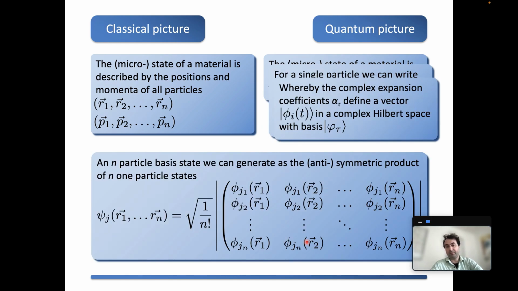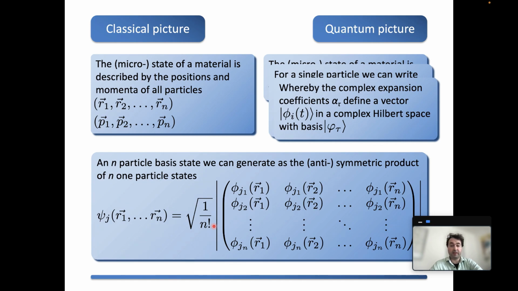Now for multiple particles, we can make product functions of the wave functions of single particles, but we have to realize that for fermions we have to antisymmetrize the wave function. We can write antisymmetrized wave functions as Slater determinants, so we have a determinant of an n-particle wave function. That also means that for n particles we have n factorial terms in this wave function.